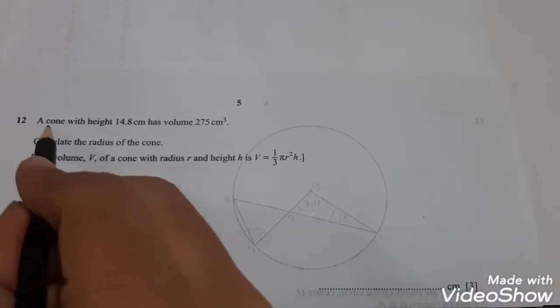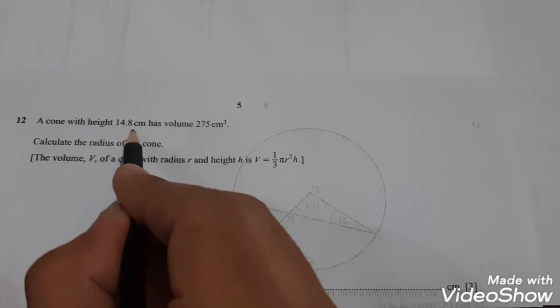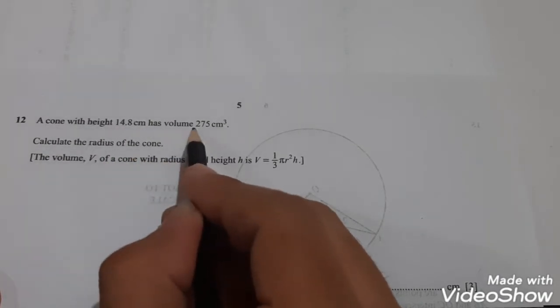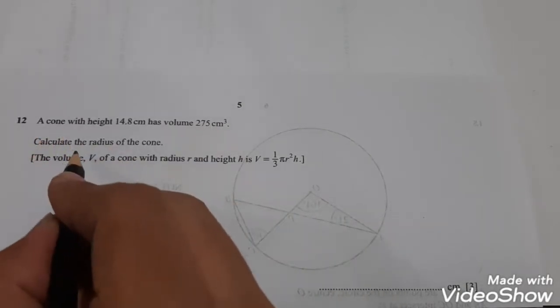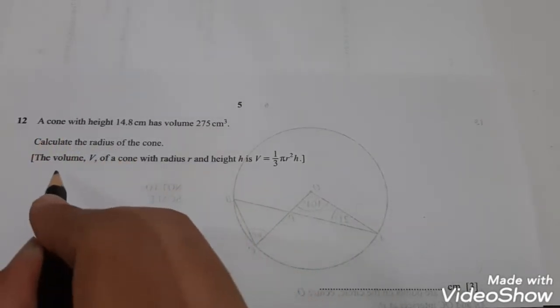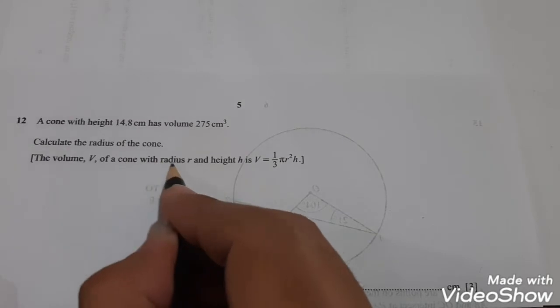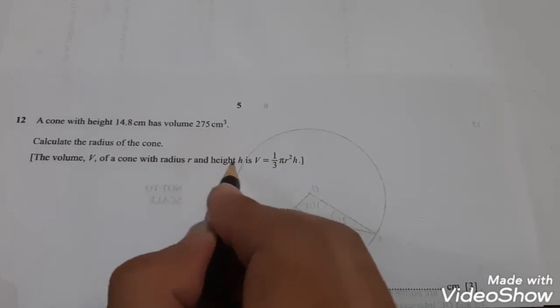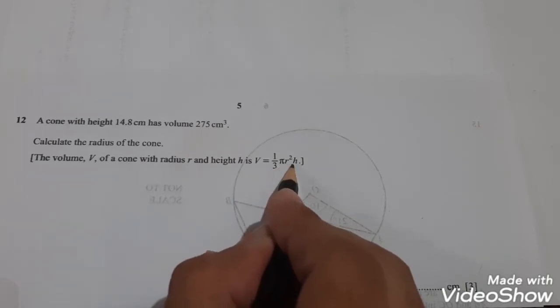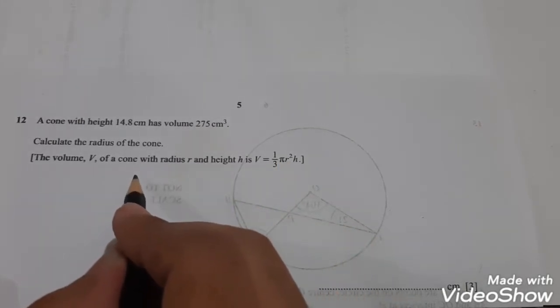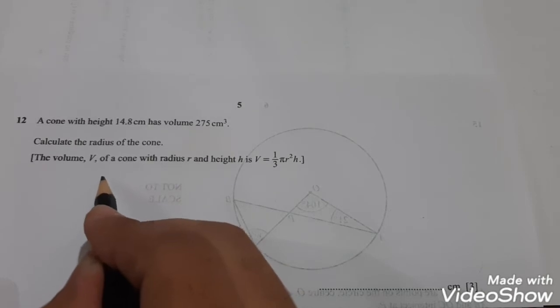Question 12 states a cone with a height 14.8 cm has a volume of 275 cm cube. Calculate the radius of the cone. The volume of the cone with radius r and height h is V equal to 1 over 3 pi r squared h. We have the formula to calculate the volume of the cone.